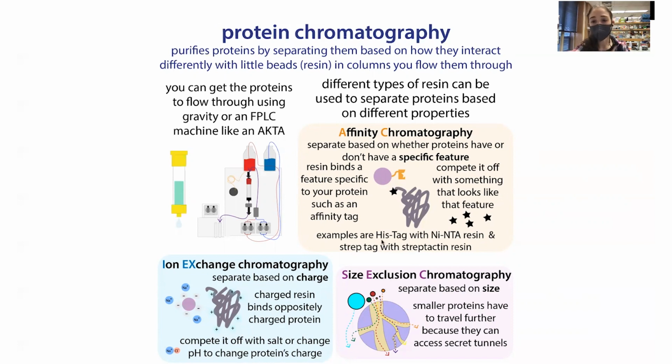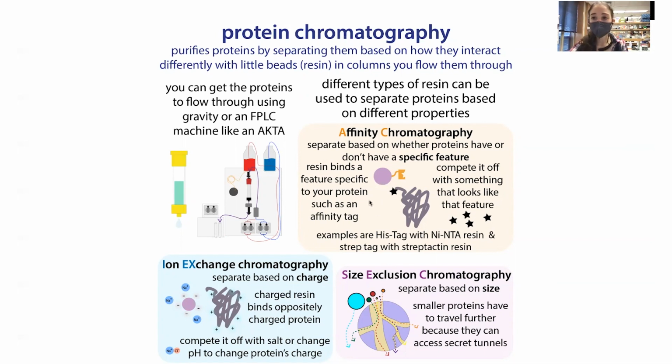With the strep tag, we use a streptactin resin, and then we have biotin. With the His tag, we use nickel NTA, where you can peel it off with imidazole. So there are different flavors of this depending on your tag. Once you do that, a lot of the time you can then get rid of the tag, if you want to study the protein in its most natural form.